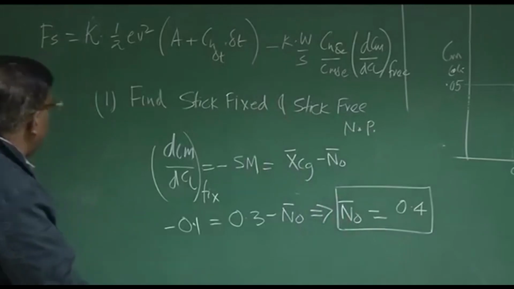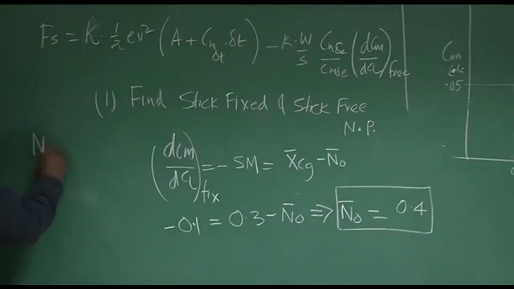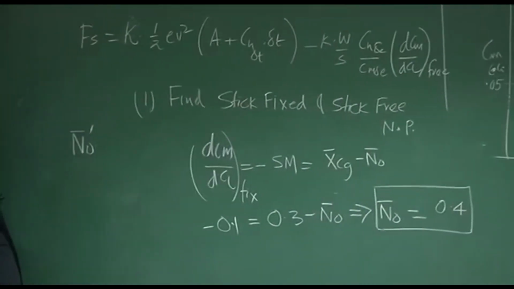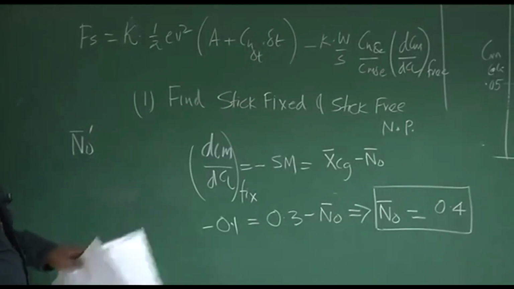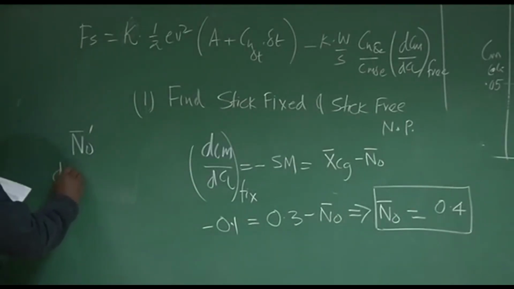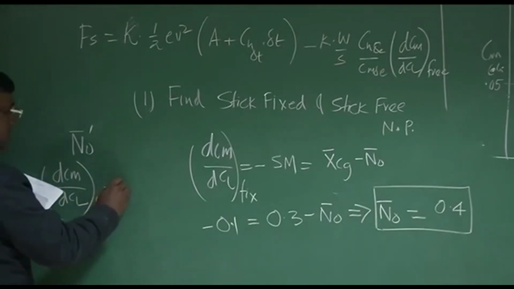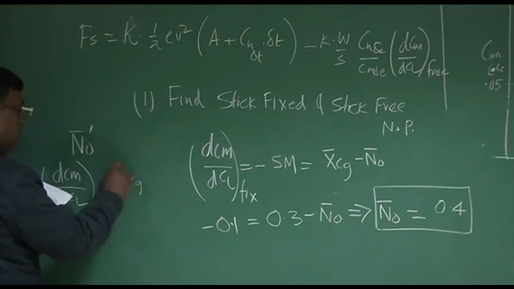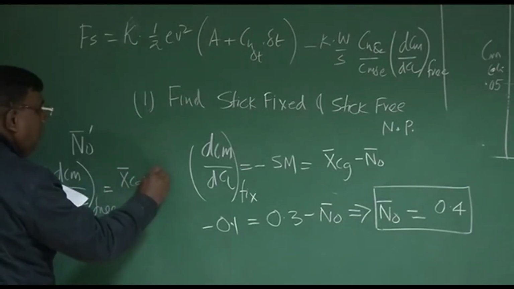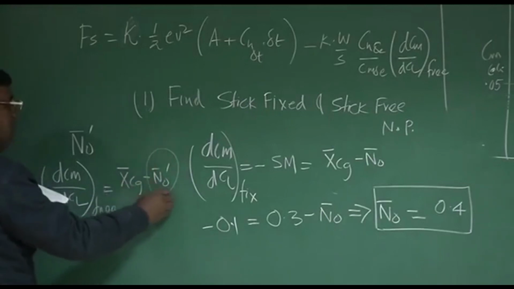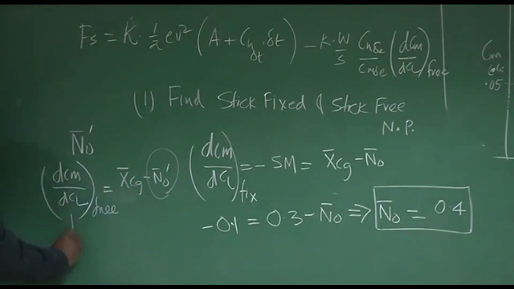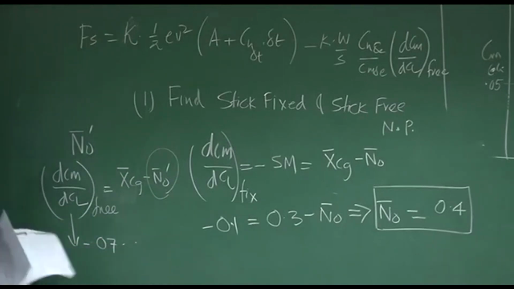Now if I ask you what n naught prime is, how will you find out? As simple as that. You know dCm by dCl free should be equal to xcg bar minus n naught prime. This is the stick free neutral point. This value you know as minus 0.07 something. We just now did it.